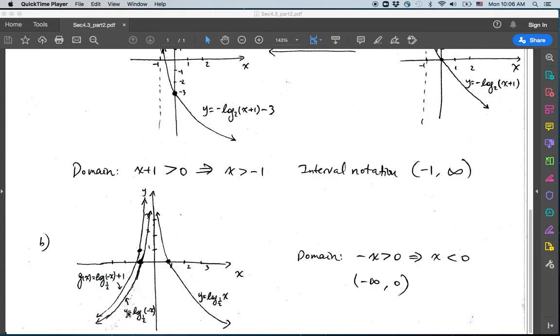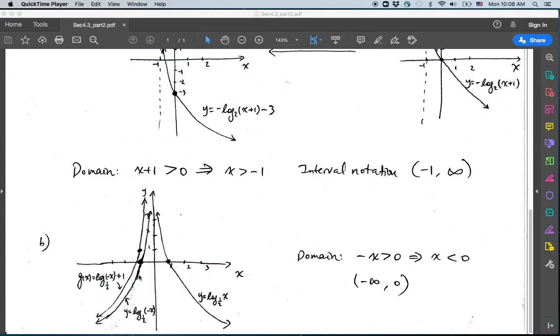of this function. The very last step, we're going to shift the graph of this function upward by 1 unit because we have 1 added to this entire function. The vertical asymptote is still going to be the y-axis. (-1, 0) moved up to (-1, 1) after the shift.